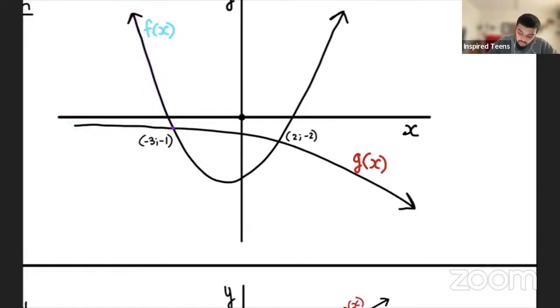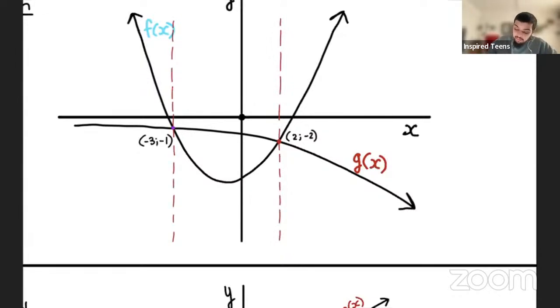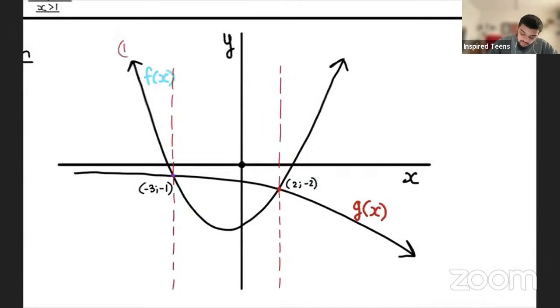Okay, so let's draw a dotted line for our point of intersection here, as well as here. And we work from between intersections. So we separate it into 3 sections. One is before the first intersection, the second is between the two, and the third is after the second intersection.